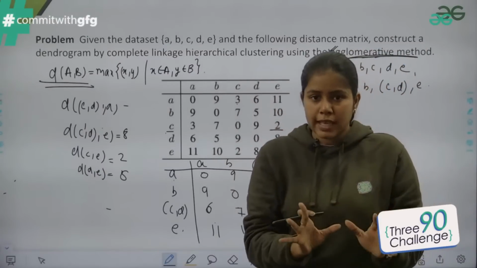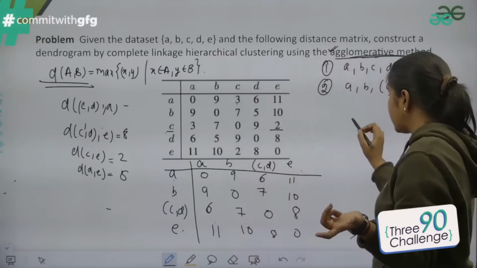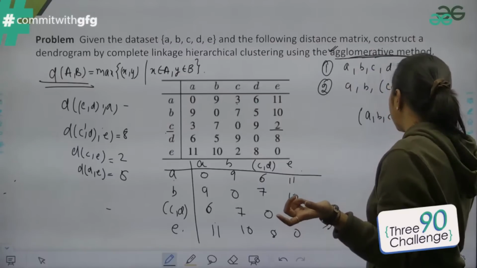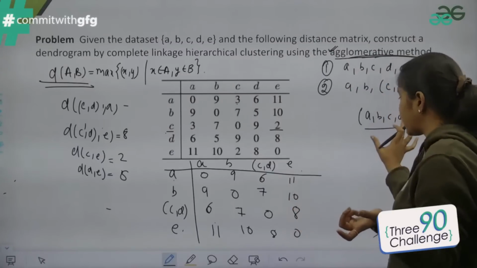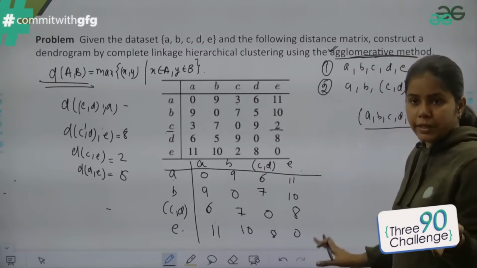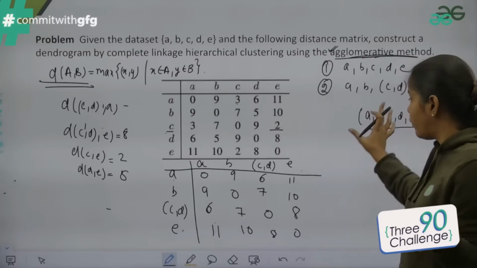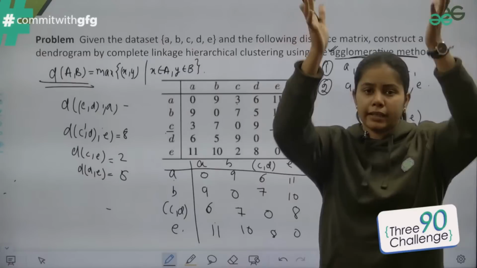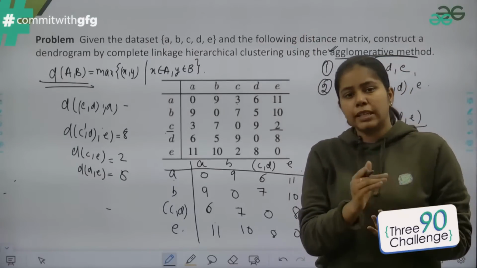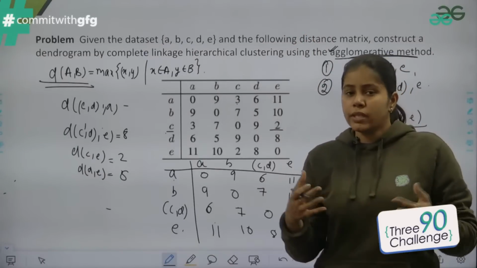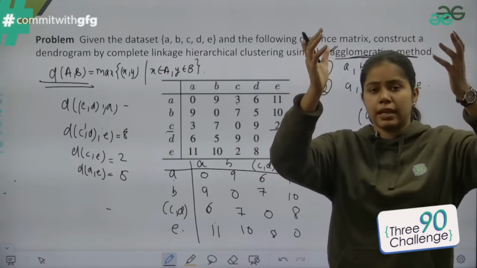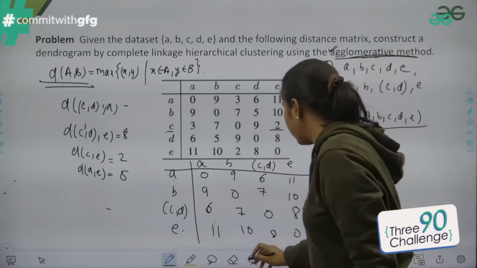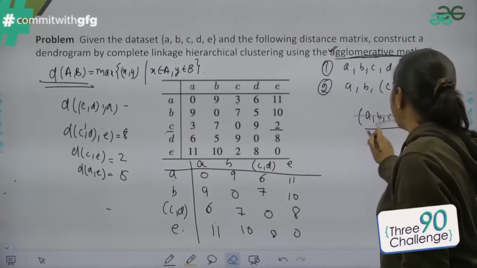That is agglomerative. The second one is divisive. In divisive, we start with a single cluster A, B, C, D, E, and we see which have the maximum distance, and then we keep dividing them. So if I start from the bottom and start joining the clusters, and at the end I get one cluster, we call that agglomerative. And divisive is when I take one cluster at the start and then divide it further.